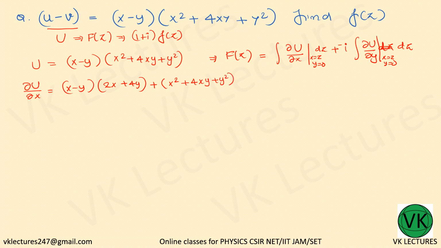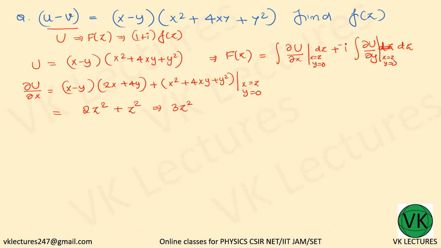Now this is at x equal to z and y equal to 0. x equal to z means z here, again z, so z into 2z, that is 2z² plus z², the other terms get 0, so that is 3z².